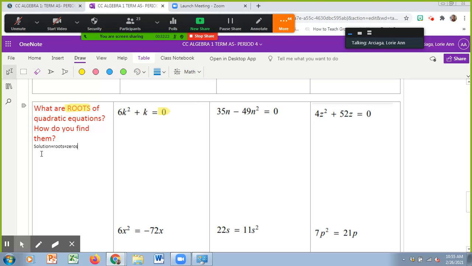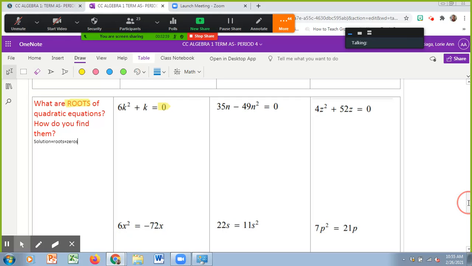If you're present and you access your OneNote, that's 3 easy points for you. That's why it's important that you sign in every time. I'm trying to get everyone at least a passing grade. I don't want to fail anybody, so we just gotta work, work, work.